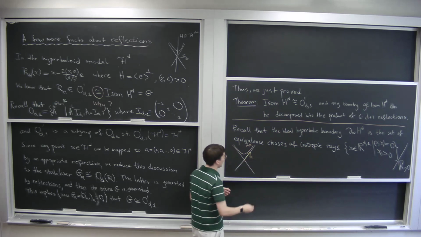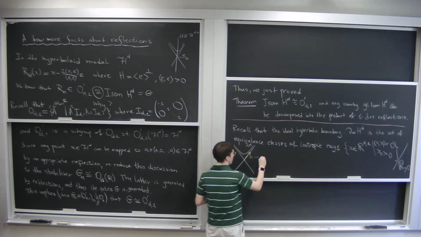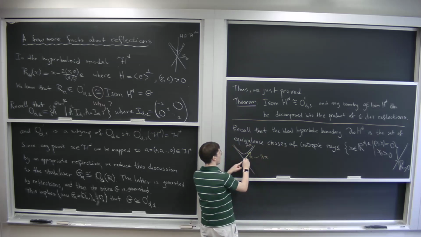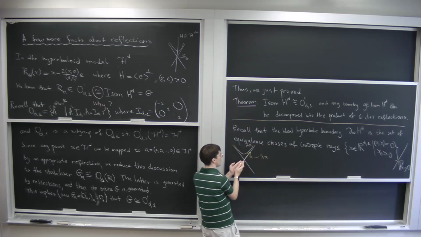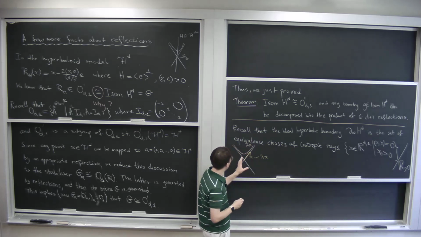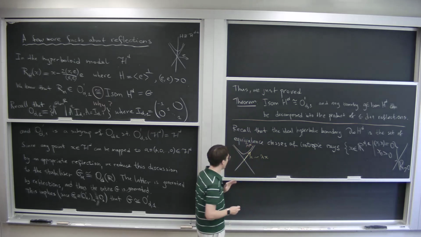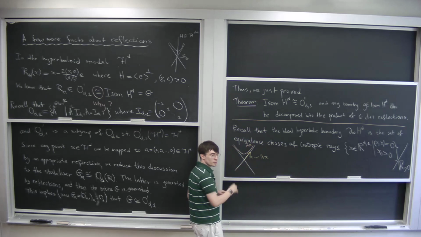Obviously, x is equivalent to any lambda x. I want to take the vector x looking in the same direction, so with respect to this coordinate, this is a positive direction, and I do not want to take those guys.